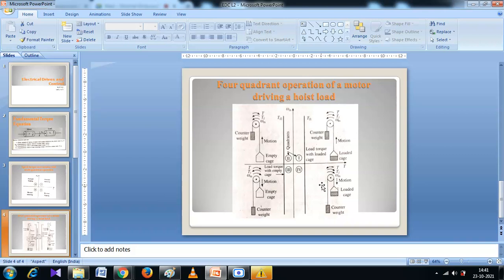Now we move to the fourth quadrant. Here we consider that the cage is loaded and in the higher position, and the counterweight position is low. If we bring the loaded cage from the high level to the low level, what should we do?